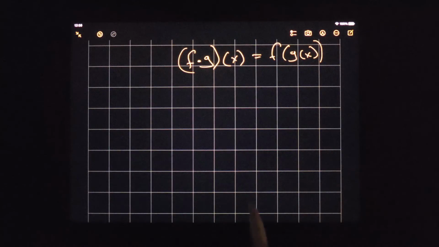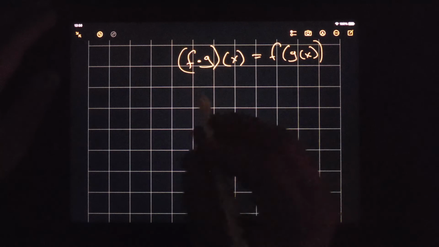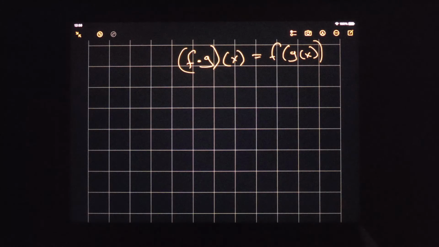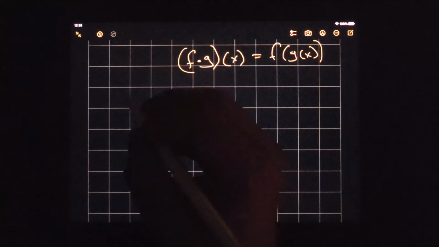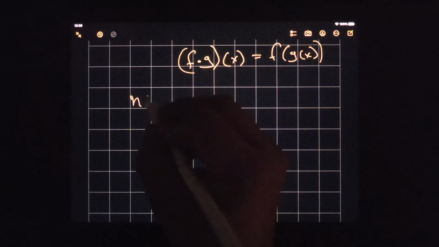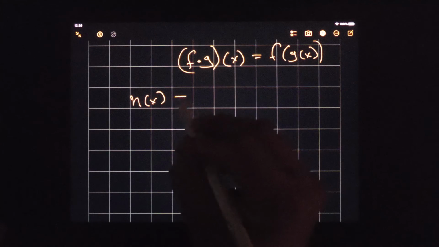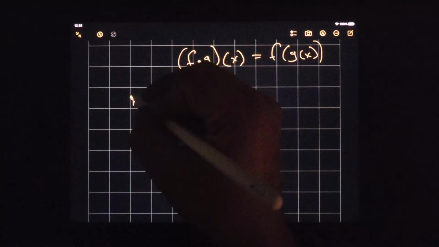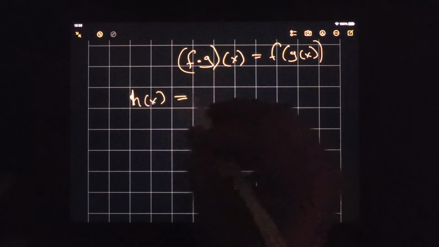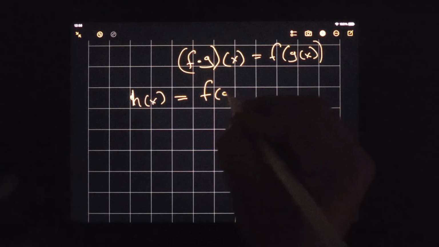So, we're going to look at the derivative of this function. Let's say we have our function h of x is equal to our composite function.